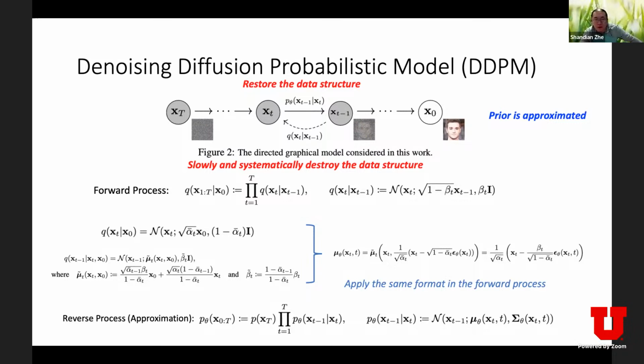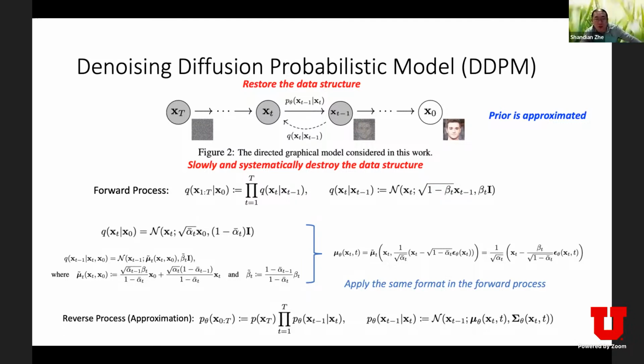Yeah, so the forward process is the diffusion forward process, but it defines the posterior of the generative model. And the reverse time process should be the generative process in the generative model.